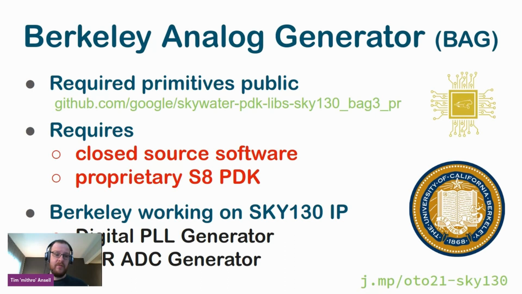Berkeley is actively working on producing a digital PLL generator and a SAR ADC generator using BAG, and the output of those will be usable on the open source PDK. But for now, you need access to these two pieces of technology.